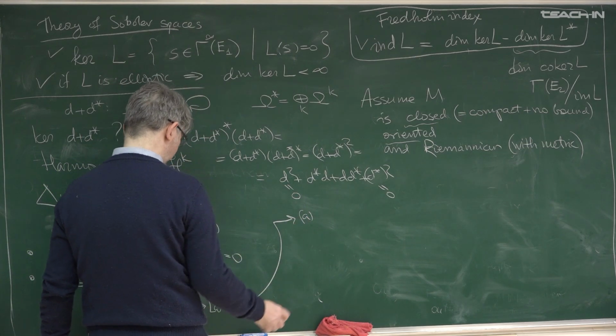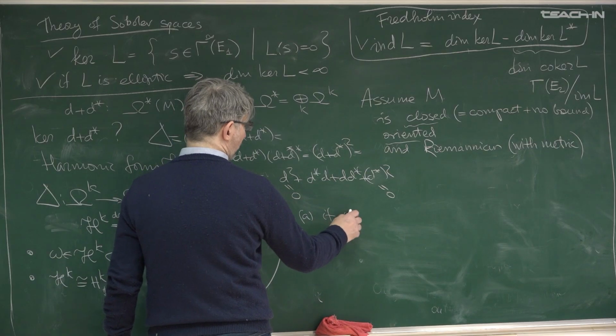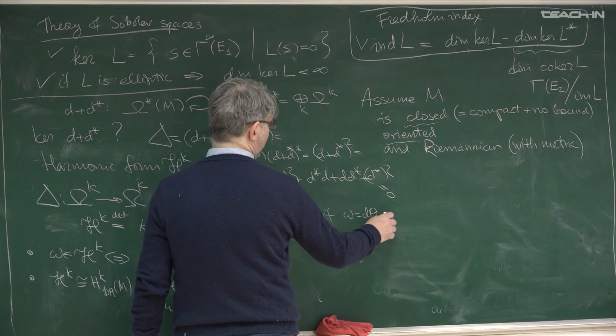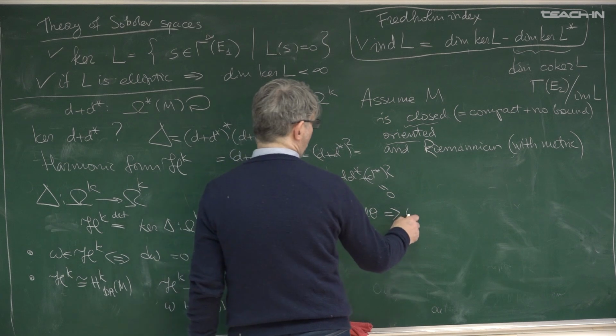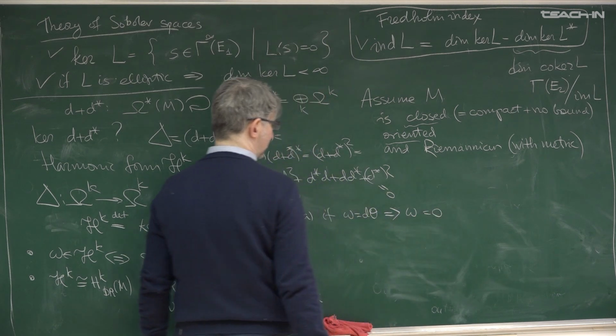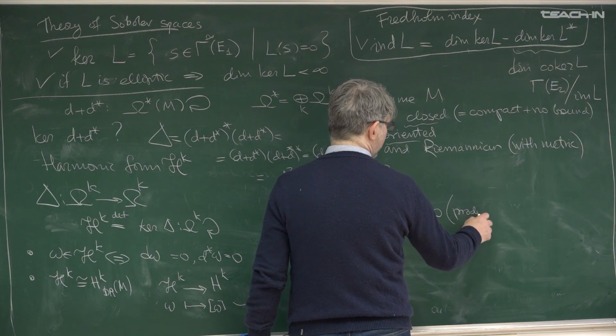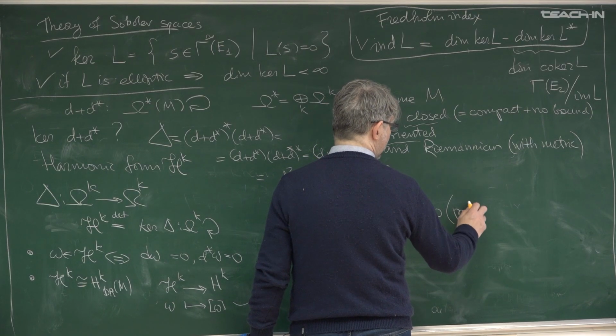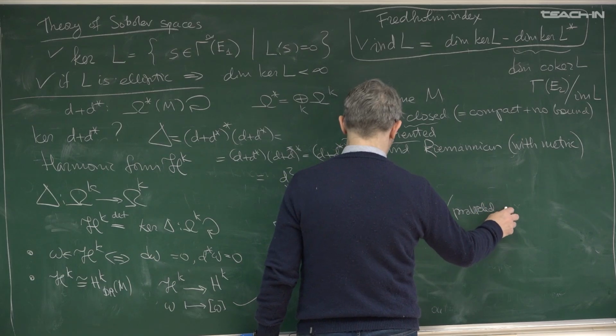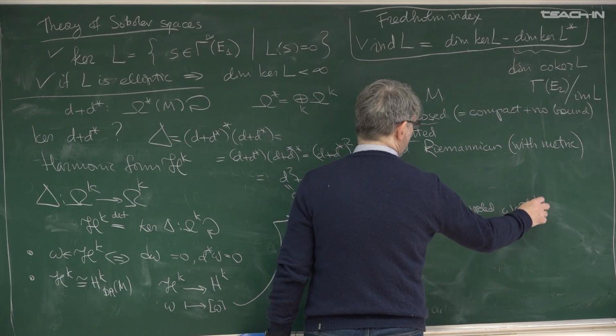First you need to prove that if omega is the differential of theta, then omega is 0, provided this is a harmonic form.